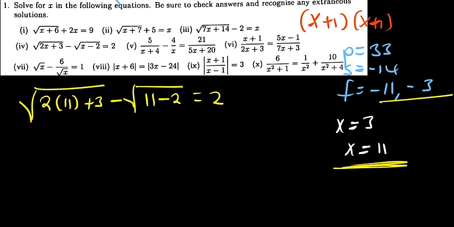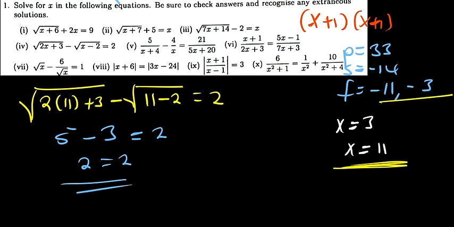That is going to be 22. 22 plus 3 should be 25. The square root of 25 is 5 minus. That is going to be 9. The square root of 9 is 3, is equal to 2. 5 minus 3 is 2. So both 11 and 3 are the solutions for this equation. As simple as that.